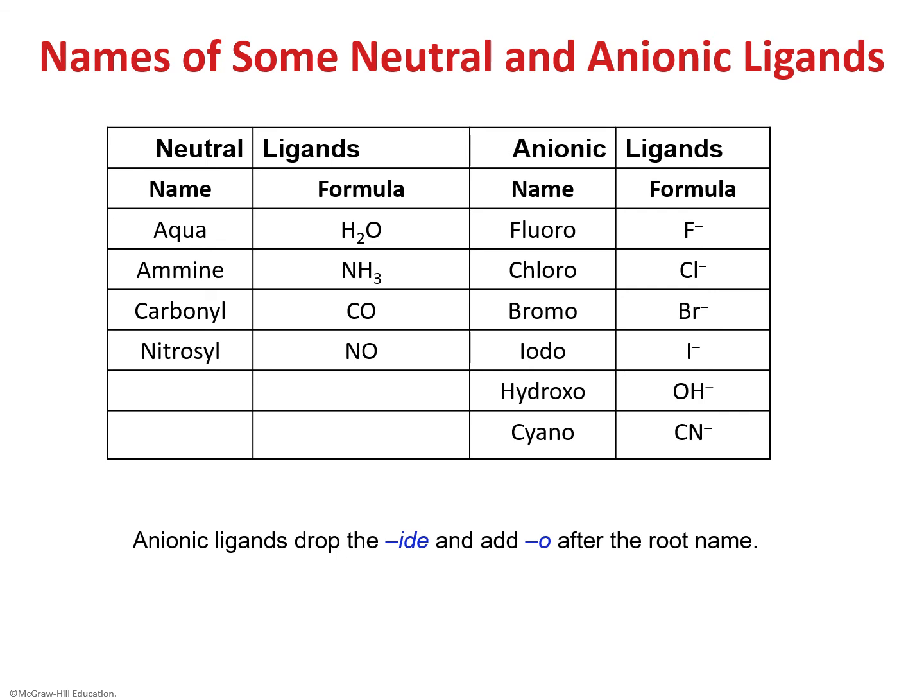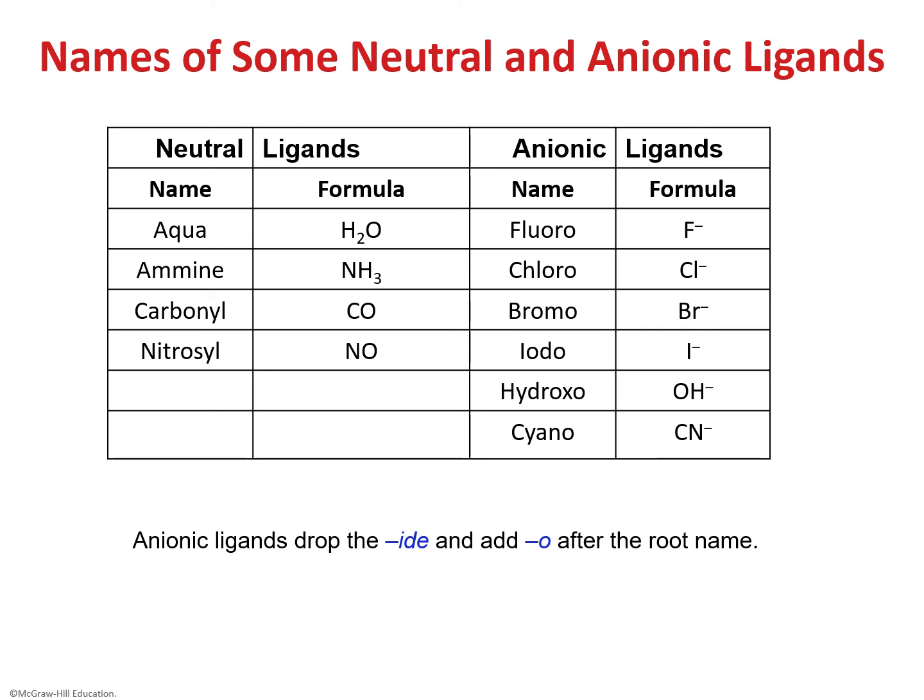So for instance, if it's water, it's not called water. It's called aqua. If it's NH3, it's not called amine, it's called ammine, A-M-M-I-N-E. Usually amine is A-M-I-N-E. Don't make that mistake. In a coordination compound, it's written as ammine, A-M-M-I-N-E.